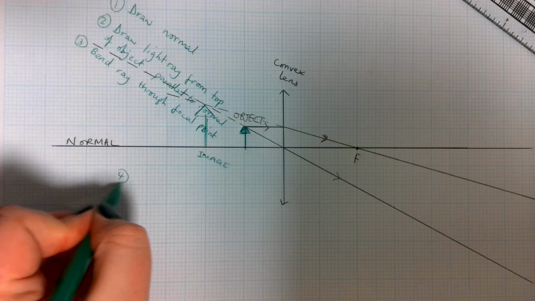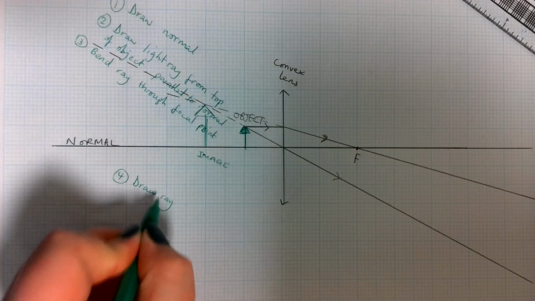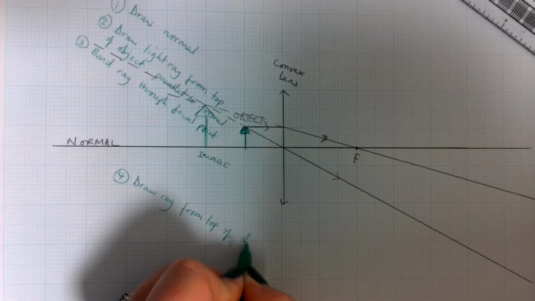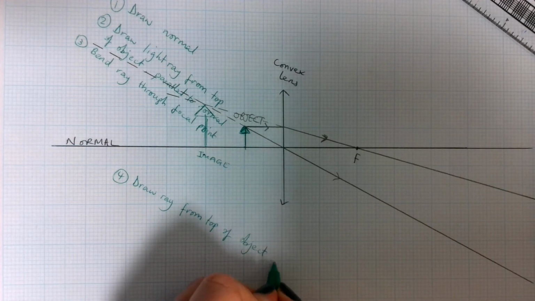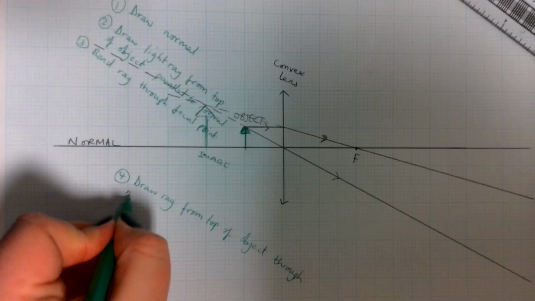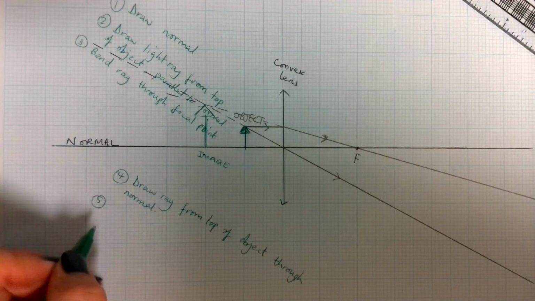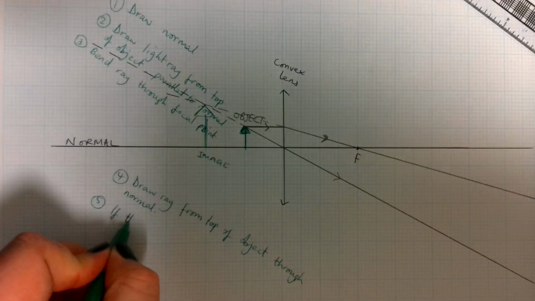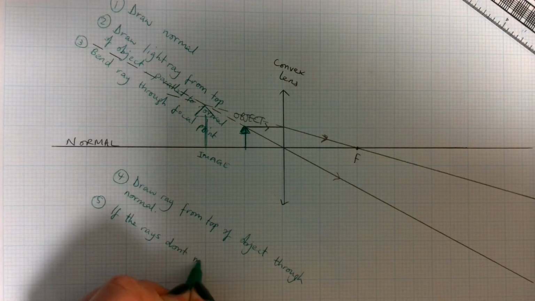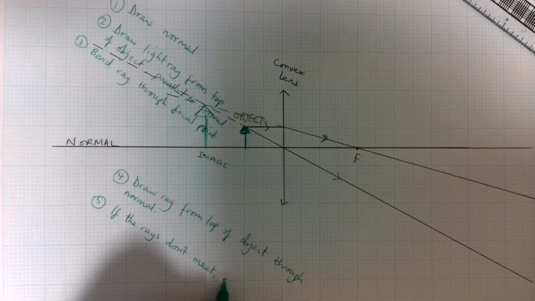Okay, so number 4, we draw the ray from the top of the object through the normal. Okay, we noticed that they didn't meet, so if the rays don't meet, and you can write this part down, because they're not meeting: if the rays don't meet, extend the line backwards.